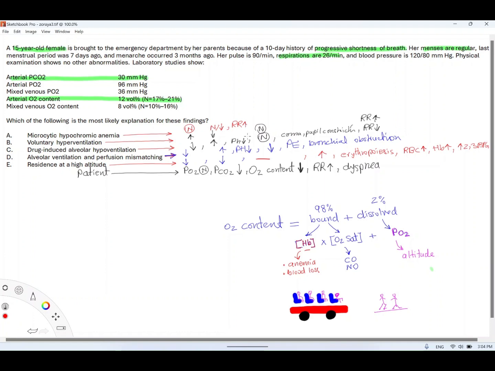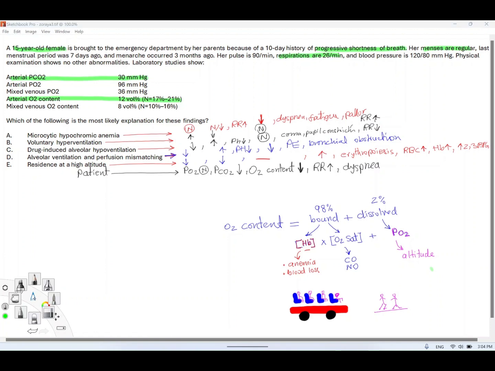If it's increased, it will lead to decreased carbon dioxide. But oxygen content will decrease because there's less hemoglobin, right? So oxygen content will be decreased. And the signs and symptoms of anemia should be dyspnea, fatigue, and pallor, pale skin. These are the initial signs, right? So look for those. Now let's see which of these choices matches our patient.